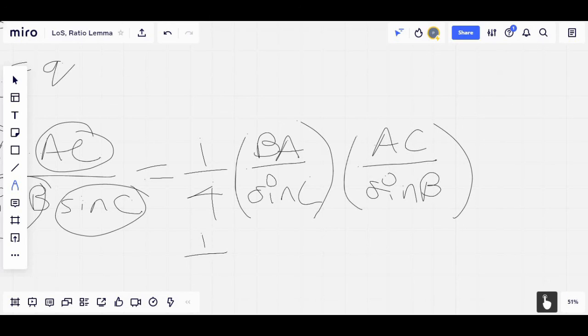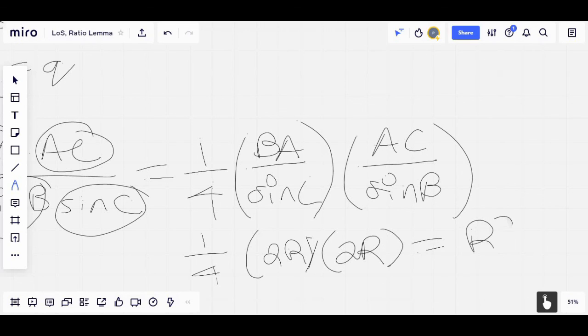And as I just said, each of them are equal to 2R. And therefore, this equals R squared. There we go. Okay, that was a nice problem.